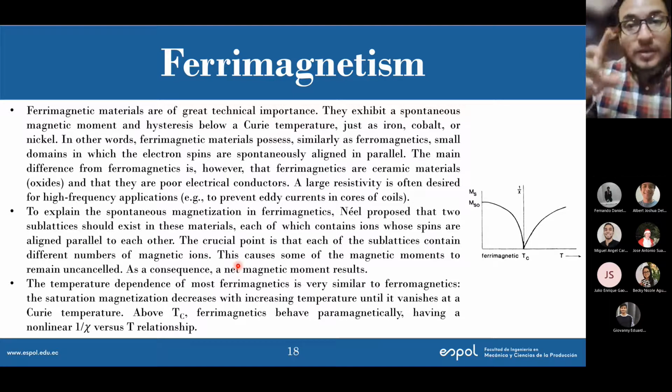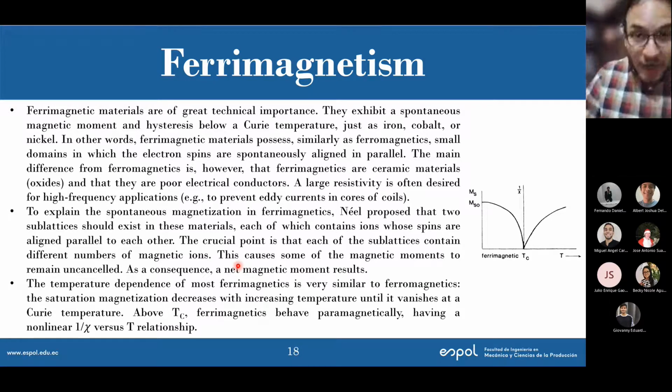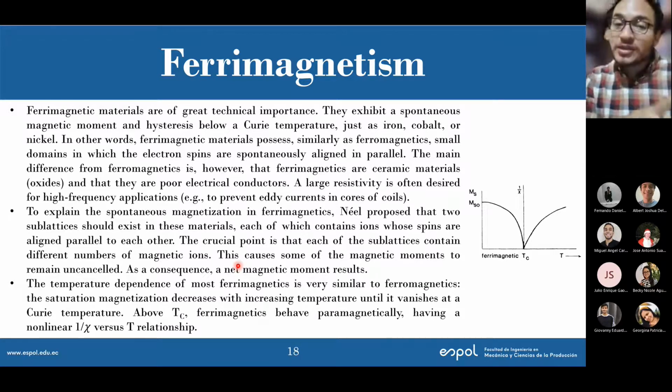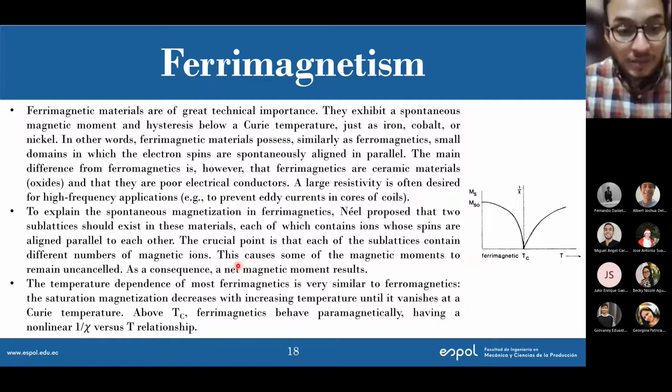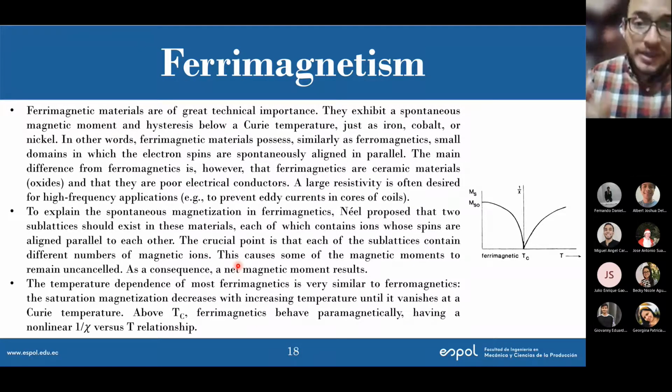The difference is that these sublattices do not contain the same number of magnetic ions. That's why I said in ferrimagnetic materials, there are some magnetic moments that remain uncancelled. So there is a cancellation, but it is only a partial cancellation, not a net cancellation, like it happens in antiferromagnetics, for example. So there is a net magnetic moment.